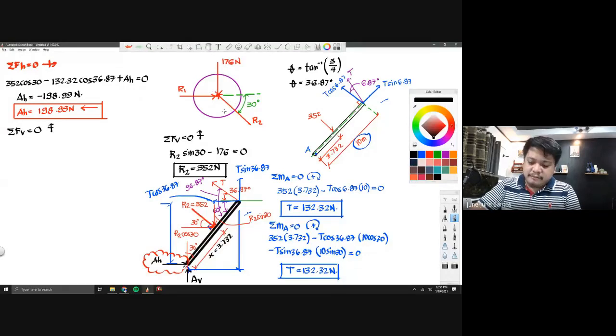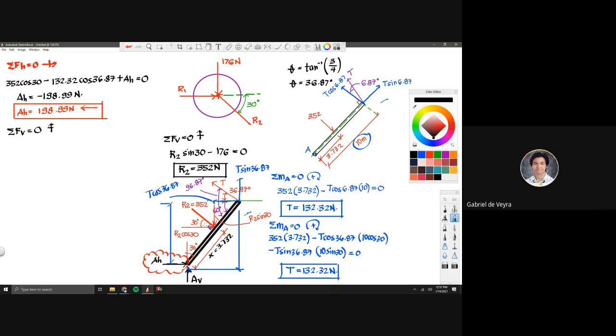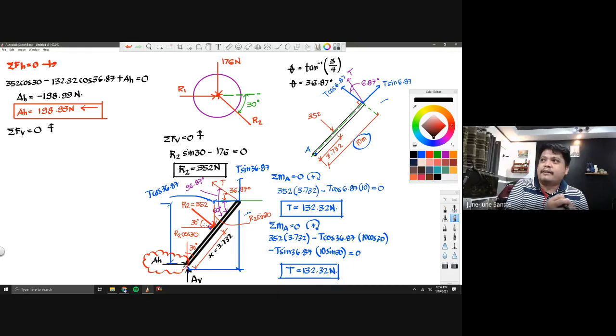Kaya lang, pagdating dito sa body natin, sabi nga natin, action-reaction. So, kung ito is upward na R2, pagdating dito sa body na to, pababa naman siya. Yun ba yung tanong mo, sir? Yes po, sir. Thank you po. Action-reaction lang, Newton's third law of motion.